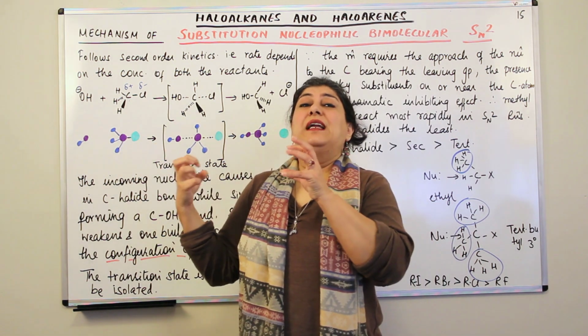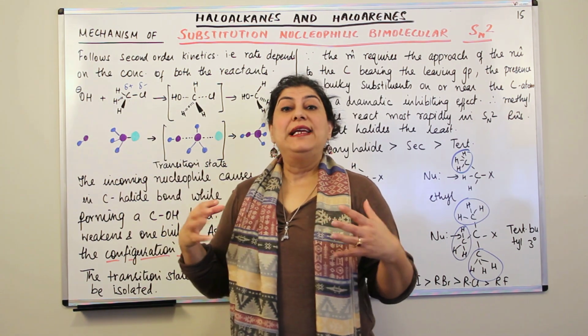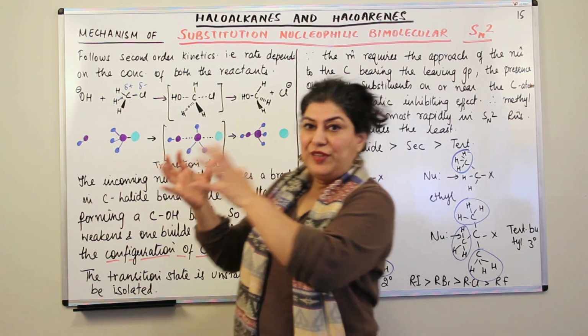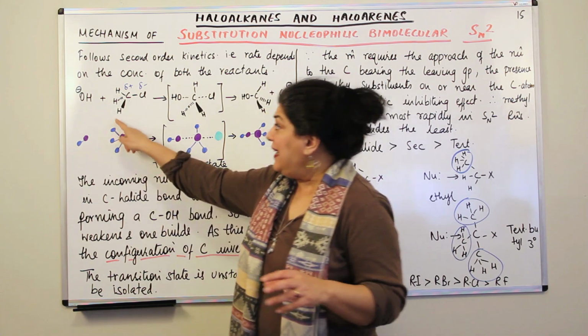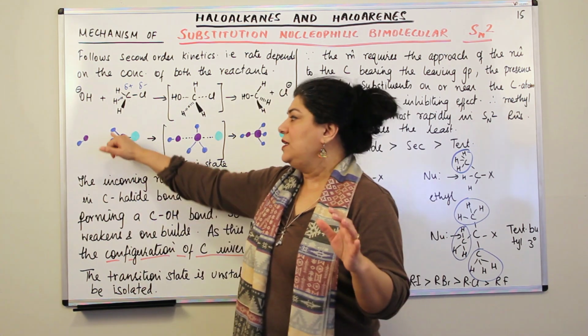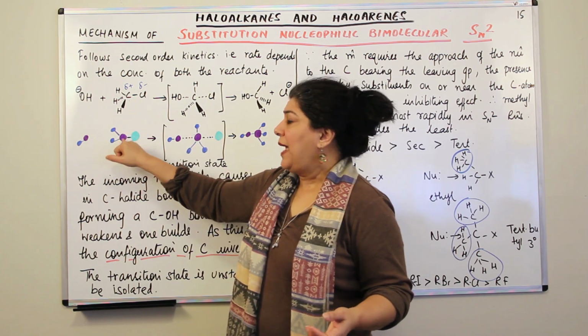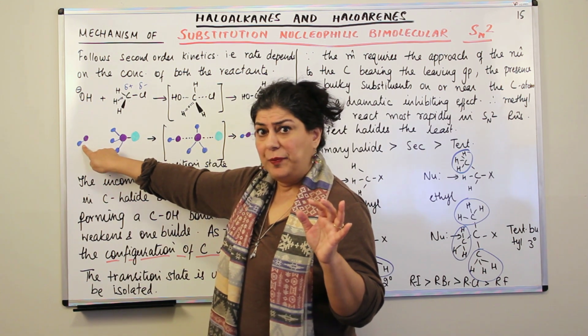So too many electrons are getting collected on this side of the oxygen, which leads to a kind of repulsion. Each bond is an electron pair, and each atom has its own electrons. Since these are hydrogens, that is the only electron with each hydrogen, and the three electron pairs are present, and the electron pair here.